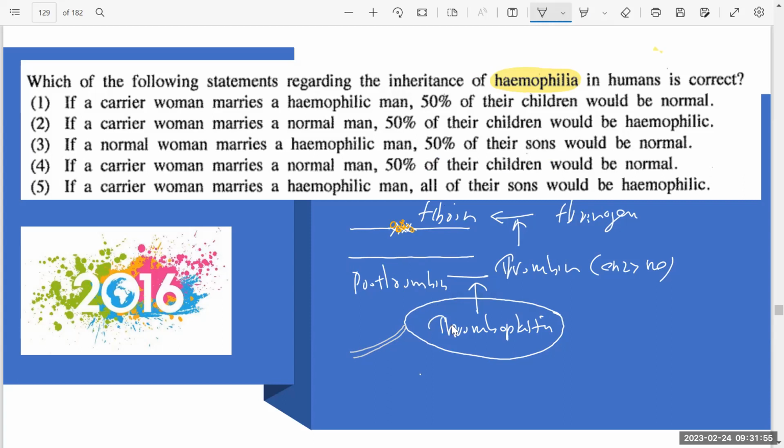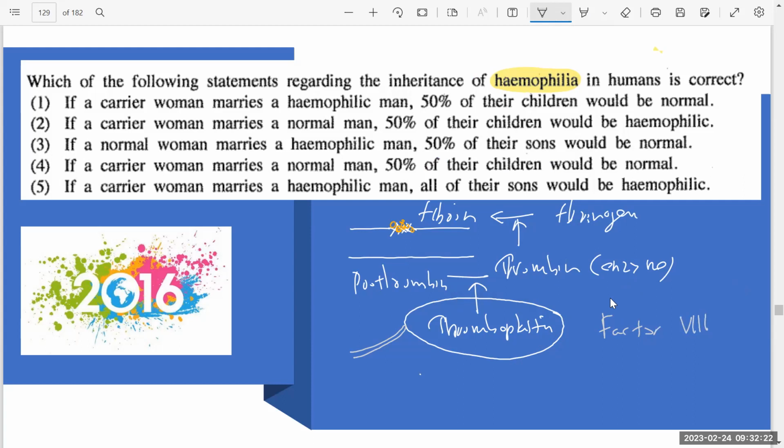Now, a person with hemophilia has a problem with blood clotting. So what is the exact reason for this? In hemophilia, they are unable to produce a protein called factor 8.